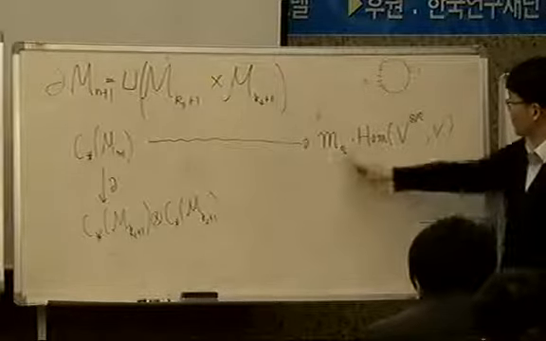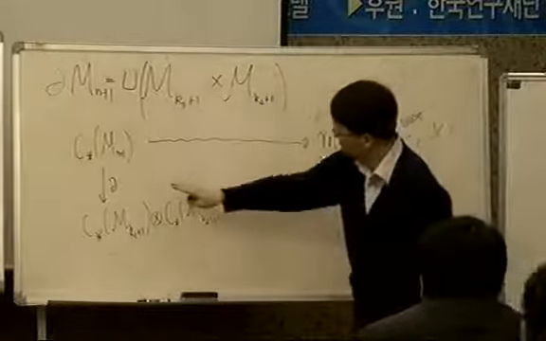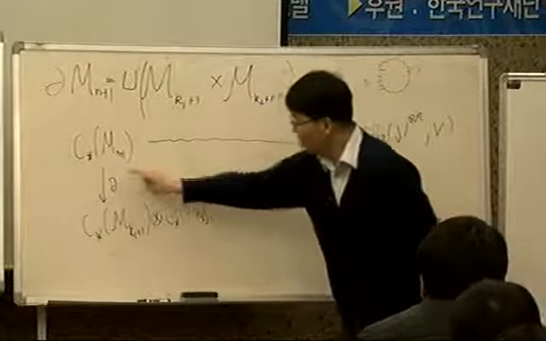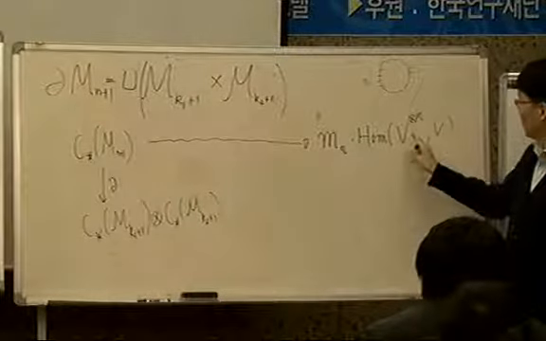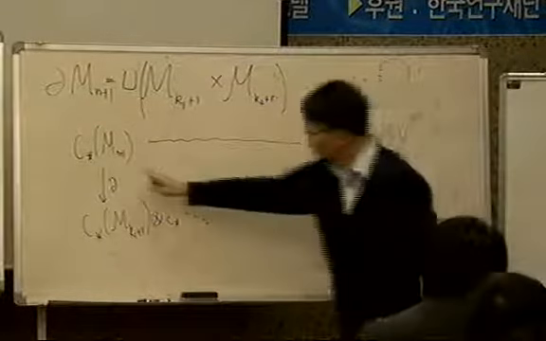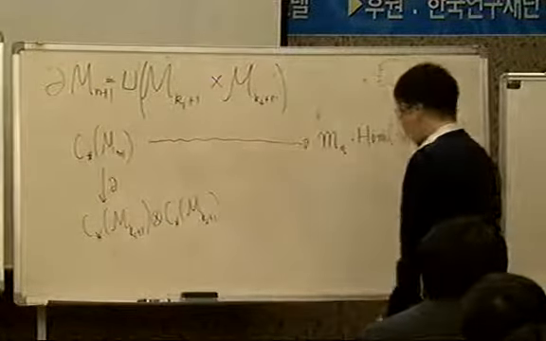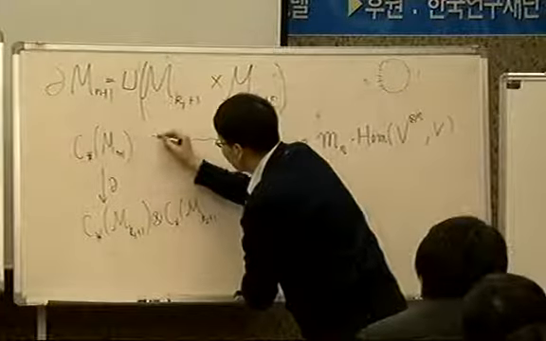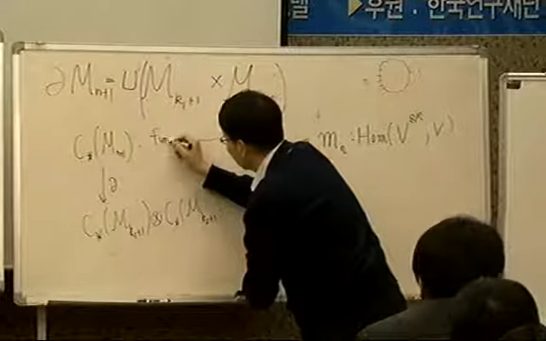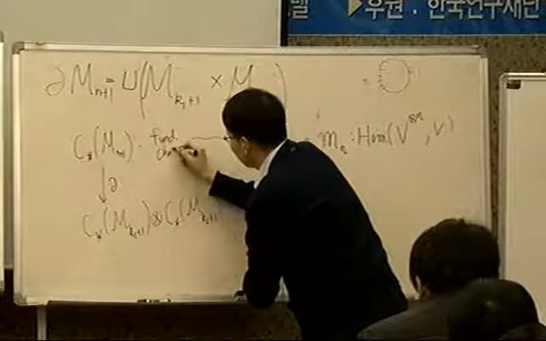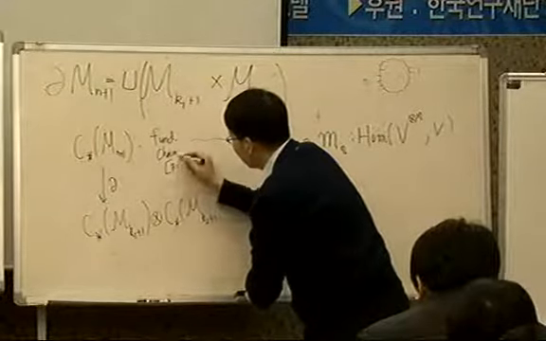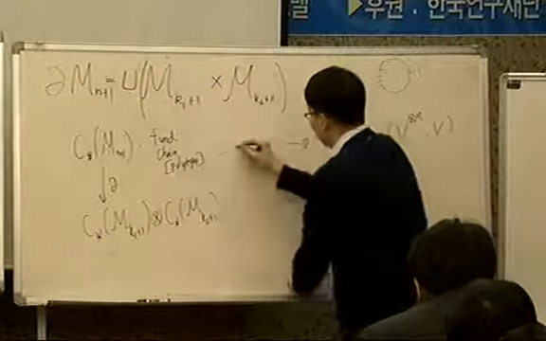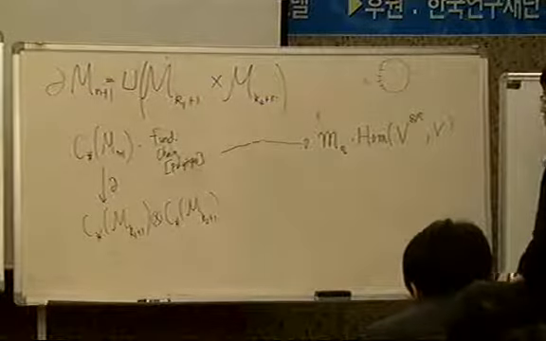TCFT means for each element here, you assign a homomorphism. But there are several elements. Which element do we take? We take the fundamental chain, which is the polytope itself. And then this goes to this m_n operator.